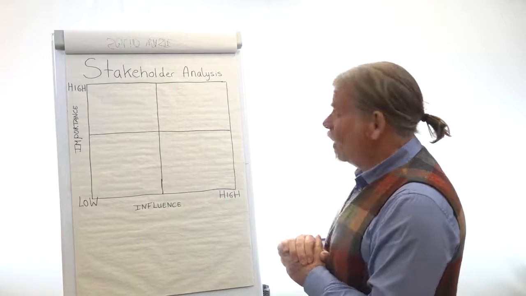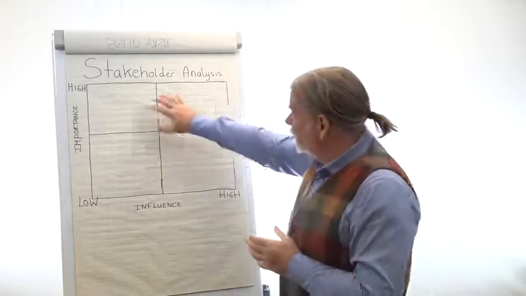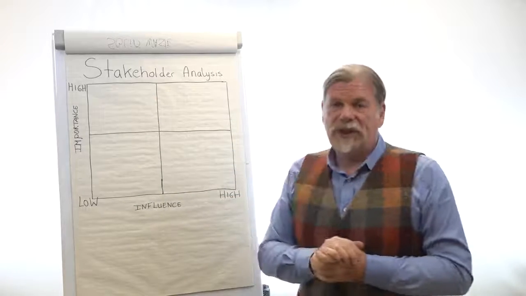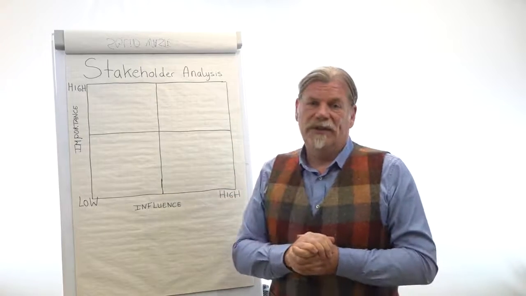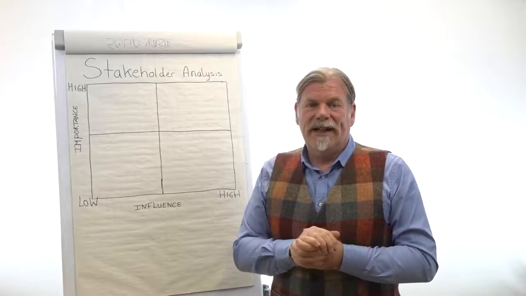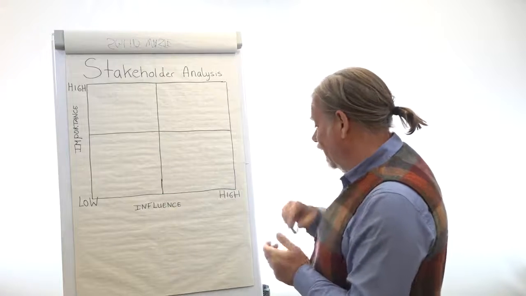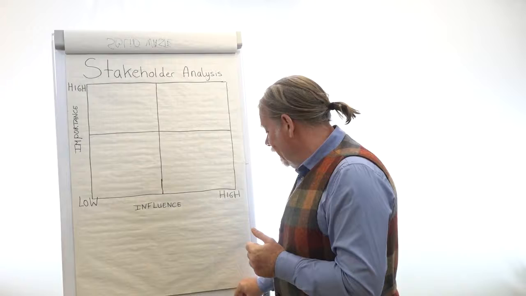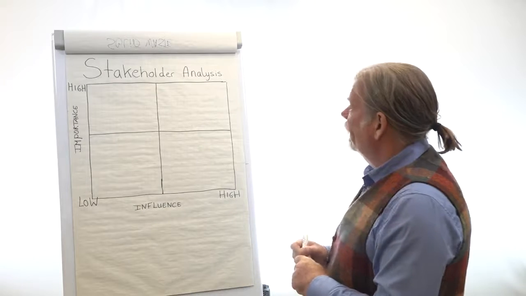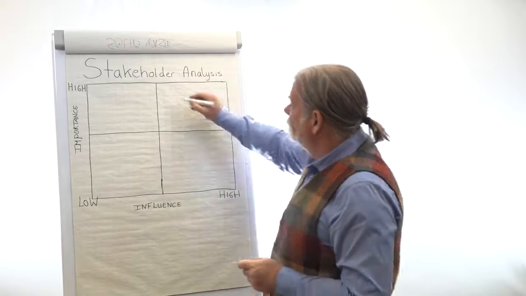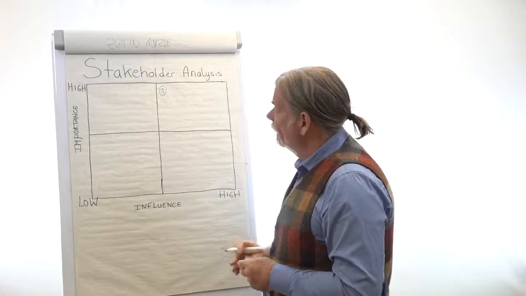Well, how are we going to do this? You see 4 quadrants, and we will discuss for each quadrant who should be in there and how to deal with them. So let's start with the most important one. The most important quadrant is this one. I will mark it with a 1.